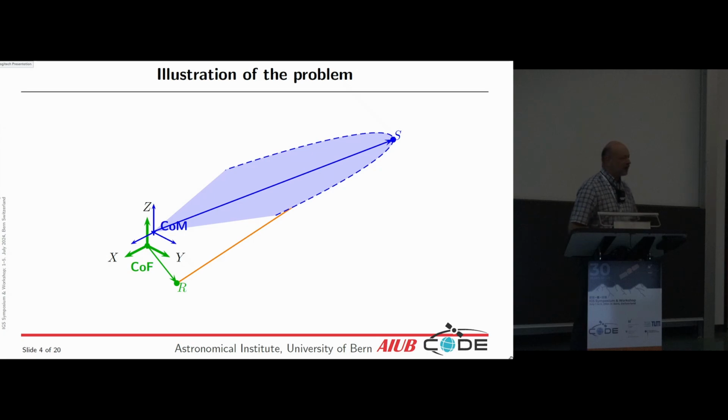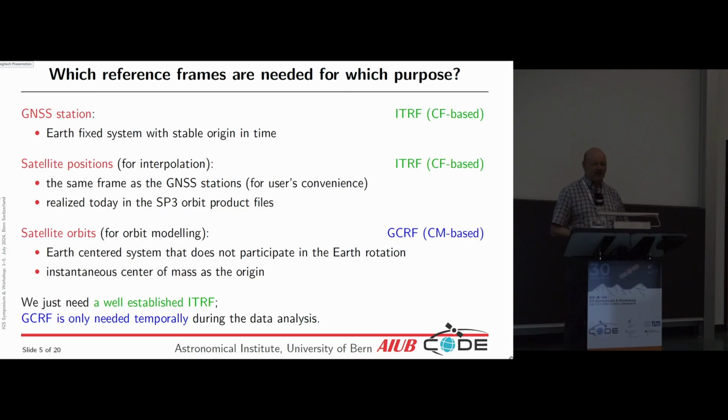But if you do an orbit modeling, you have to switch to the center of mass frame, just for the reason I explained before. And then this geocenter vector comes into the game, the dislocation of the center of mass with respect to the center of figure. So in principle we need center of figure-based ITRF for station positions, for satellite positions, for interpolation, and only for the orbit integration we need a center of mass-based frame.